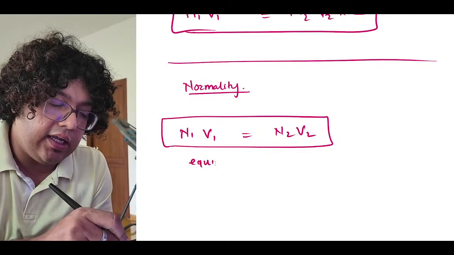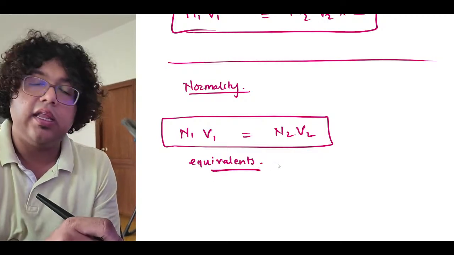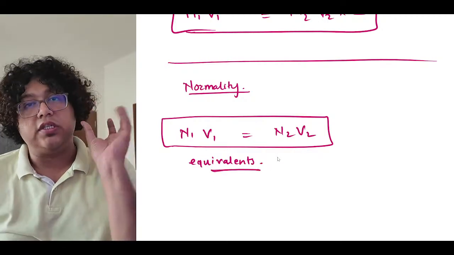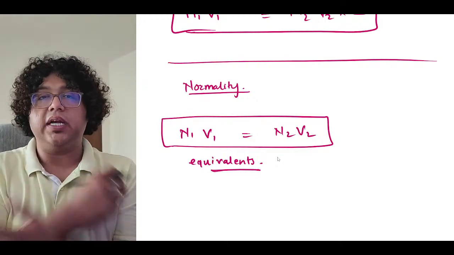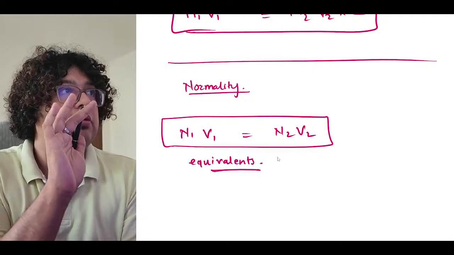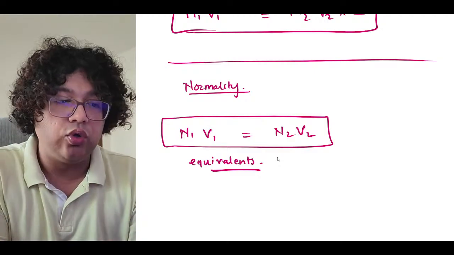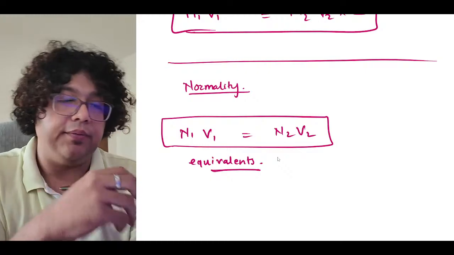We are equating equivalence. The name itself suggests that you make the equivalence of the first solution equal to the equivalence of the second solution, and your problem is solved. Are you with me till this part? I suppose you all know this part, but I just wanted to reiterate it in my own way.